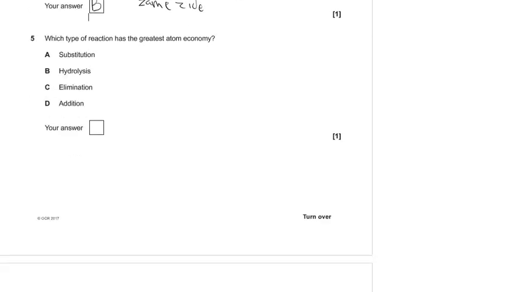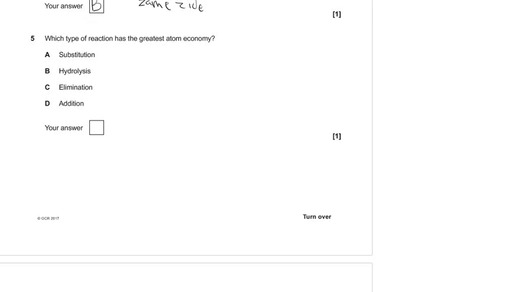So which type of reaction has the greatest atom economy for question 5? I've got here a substitution where, like with sports, if you put a substitute on, you're adding something in whilst also taking something out at the same time. We have a hydrolysis, which is a splitting, an elimination, which is where we're kicking something out, normally to form a double bond. We have an addition reaction.